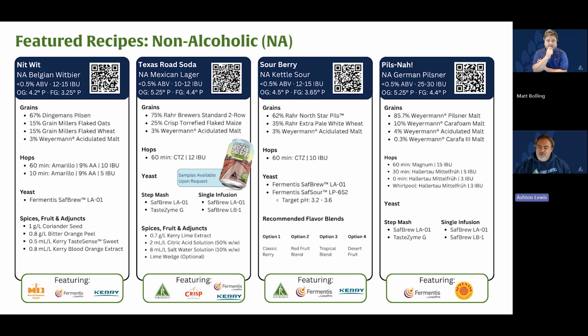So essentially, no matter what kind of NA you're brewing, a little bit of lactic acid bacteria fermentation in the kettle is a way of reducing wort aldehydes. But in this case, we're using the LP652 to add some flavor, to reduce aldehydes, and also drop our pH down to that 3.2 to 3.6 range, because we want a sour base beer.